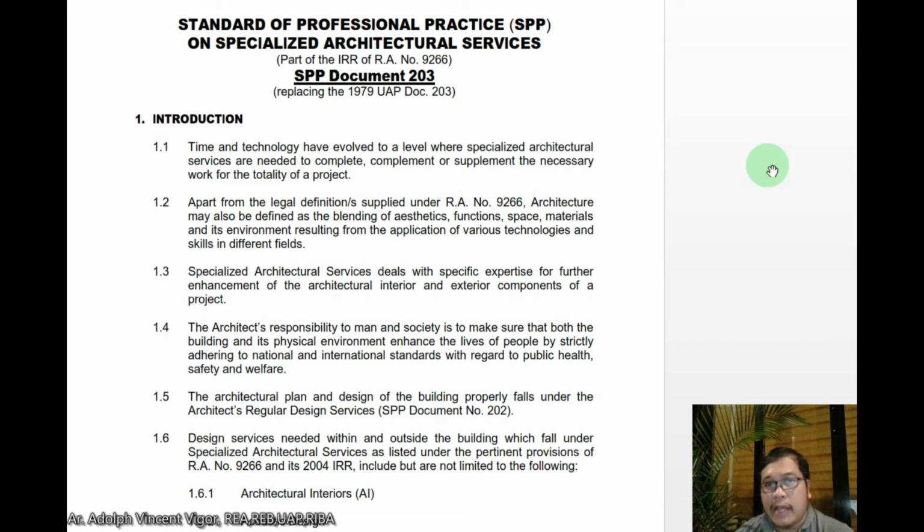So apart from the legal definitions under RA 9266, architecture may be defined as the blending of aesthetics, functions, space, materials, and its environment resulting from the application of various technologies and skills in different fields.